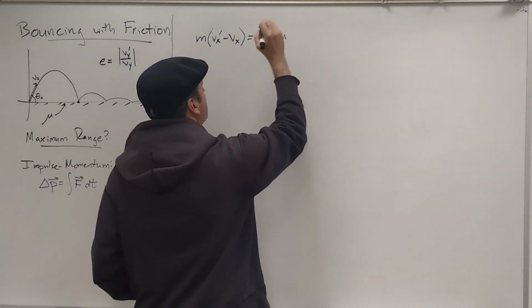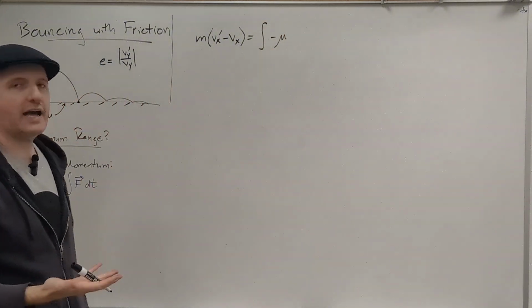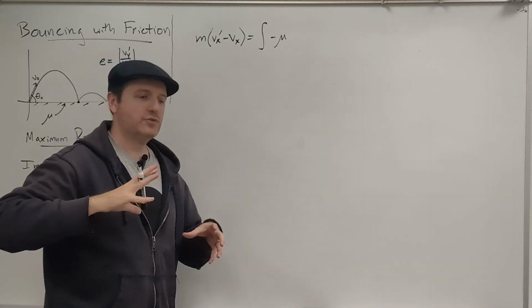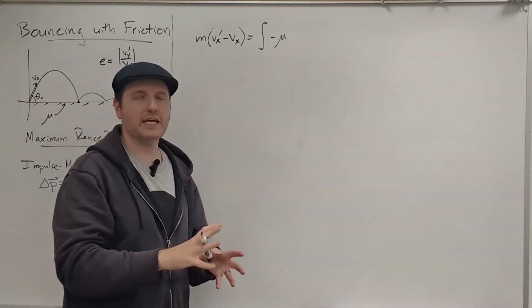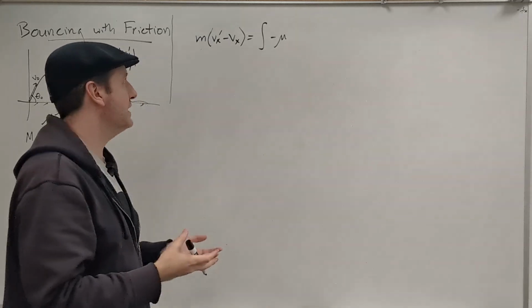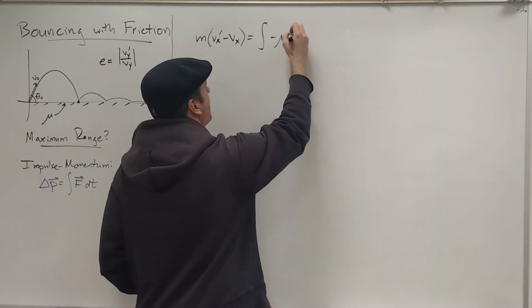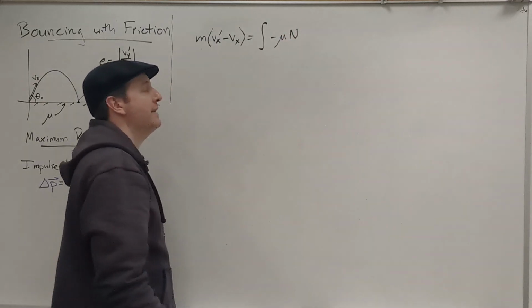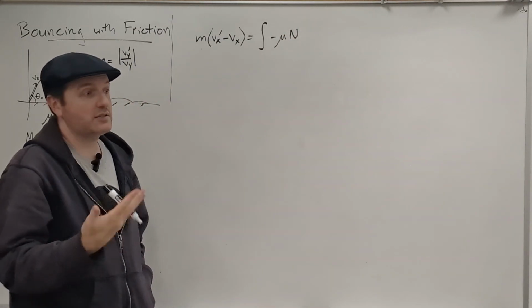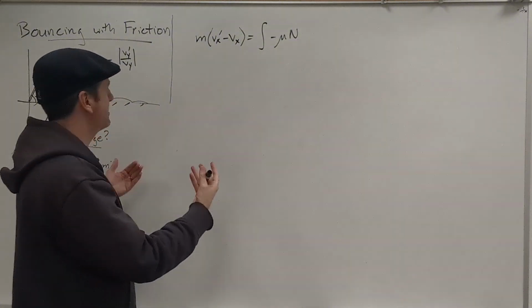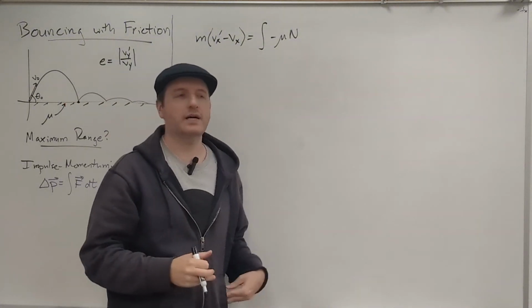And then we'll have our coefficient of friction. We're imagining static friction here, so during the impulse, I'm imagining there's no real skidding. It doesn't really change the problem much if there is, but let's imagine static friction. I won't delineate between them. Times the normal force, and this normal force is not just mg, it's greater than mg because it's changing its velocity.